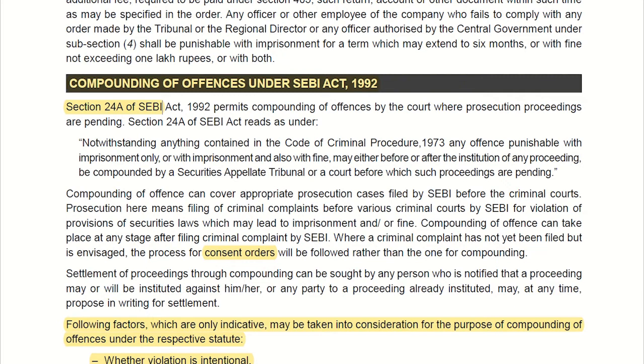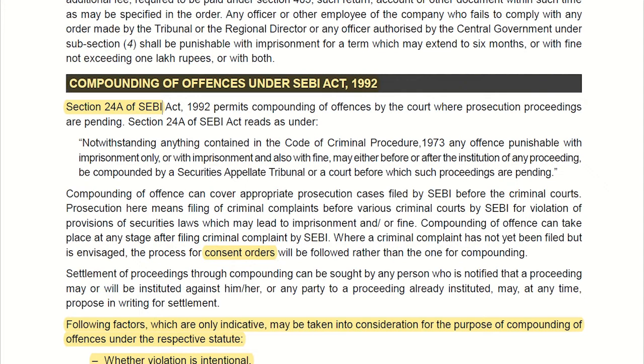Section 24A provides that any offence punishable with imprisonment only, or with imprisonment or fine, may either before or after the institution of proceedings be compounded by the court before which such proceeding is pending. This section has overriding effect over the Criminal Procedure Code 1973.